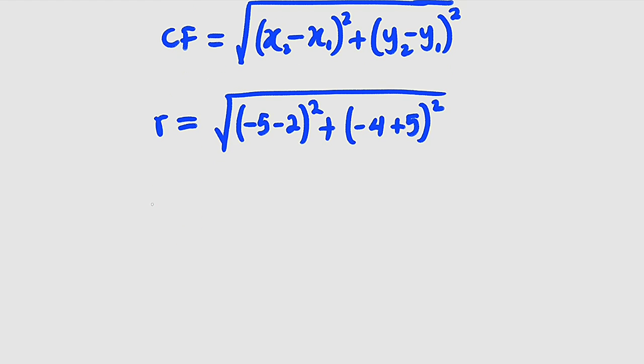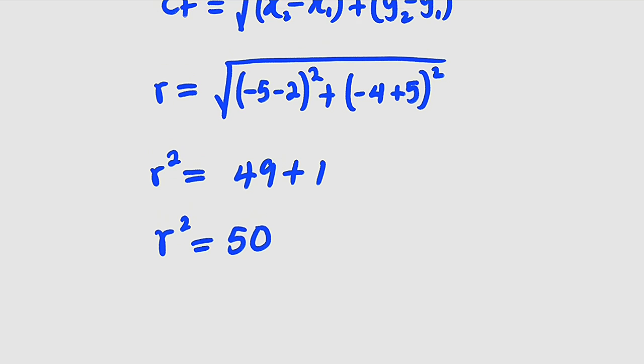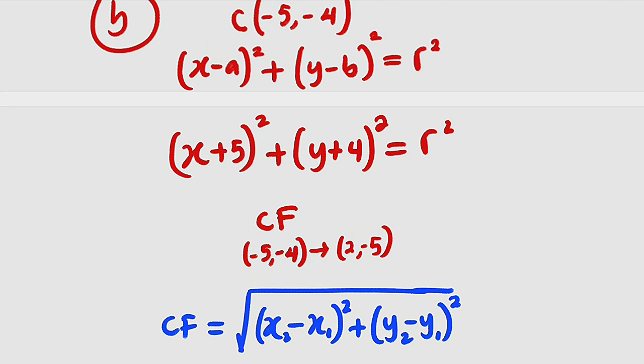We can square both sides, so we have r squared equal to negative 5 minus 2, which is negative 7, whole squared is 49, plus negative 4 plus 5 is 1, whole squared is 1, and hence r squared is equal to 50. And remember, from our formula, we have r squared on the right.